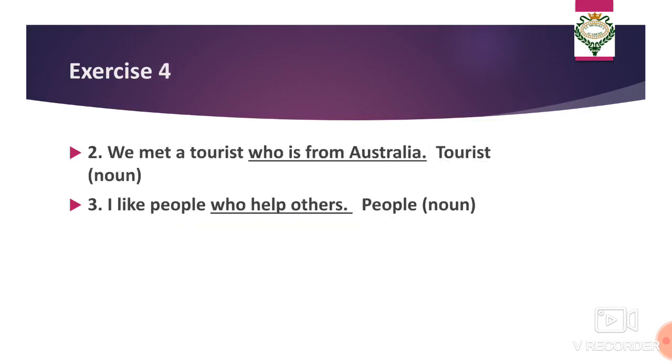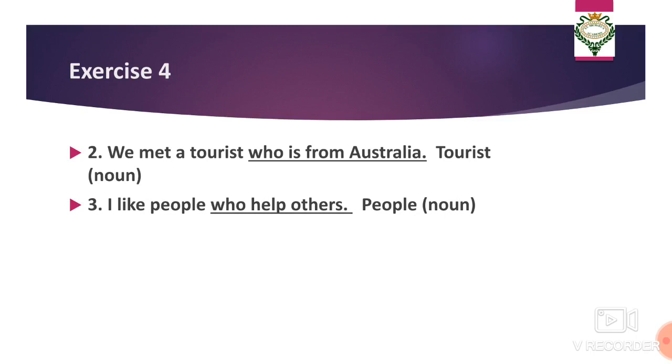Now exercise 4. In exercise 4 you have to underline adjectival clause and say which noun they describe in the sentence. So this is number 2. We met a tourist who is from Australia. So the adjectival clause is who is from Australia and which noun is being described over here?